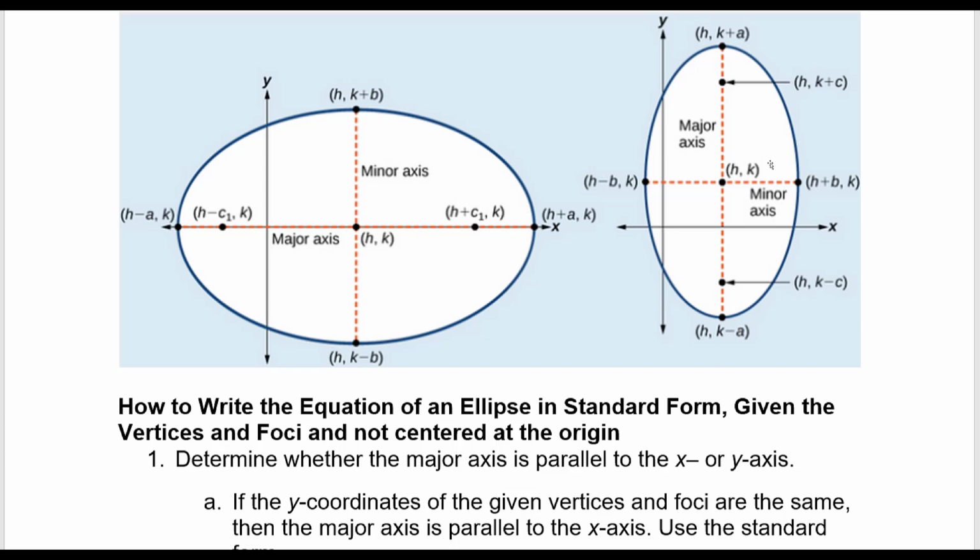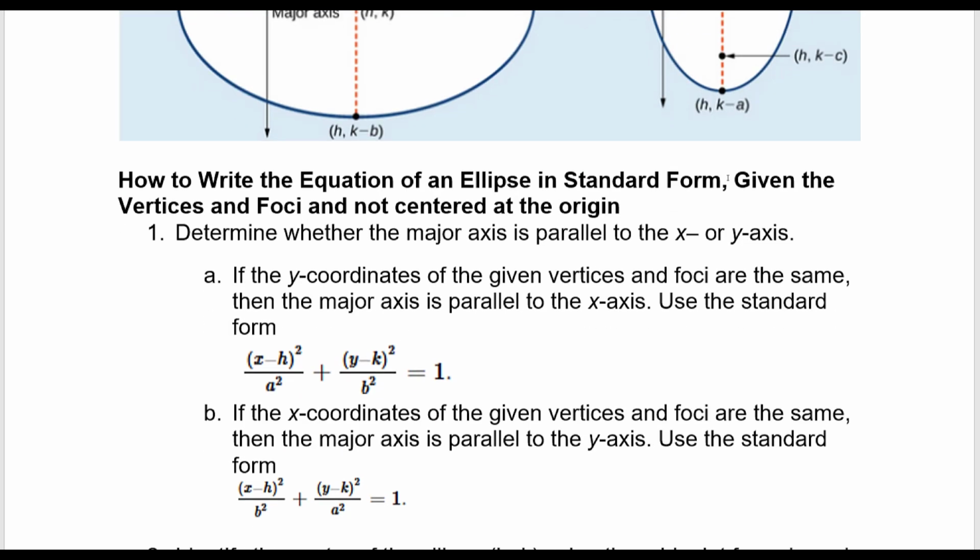Okay. So how to write the equation of an ellipse in standard form given the vertices and foci and not centered at the origin. First, determine whether the major axis is parallel to the x-axis or y-axis. If the y-coordinates of the given vertices and foci are the same, the major axis is parallel to the x-axis. Use the standard form here.